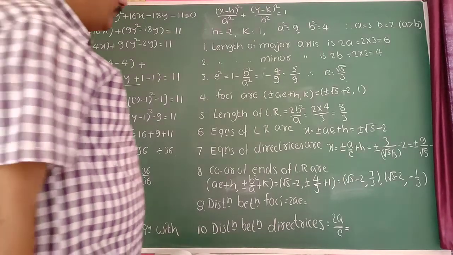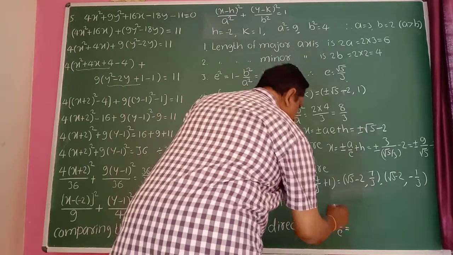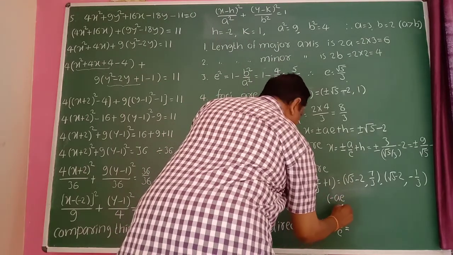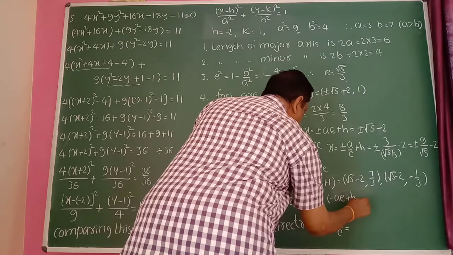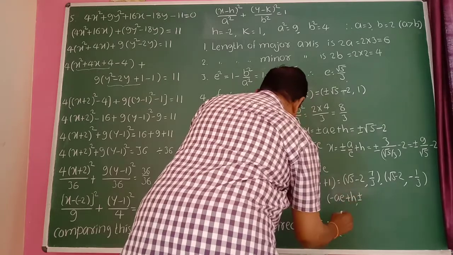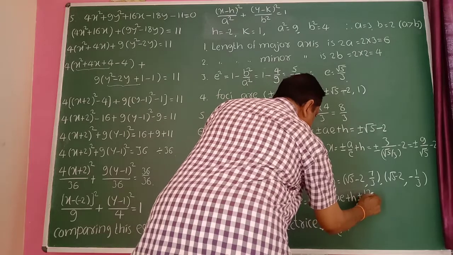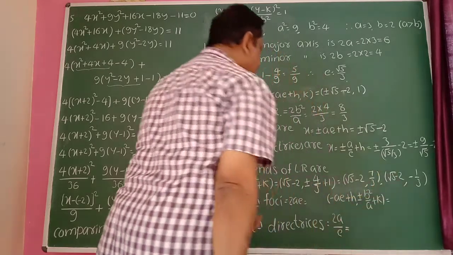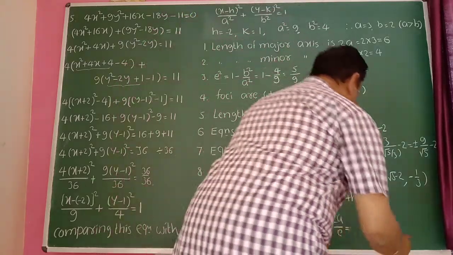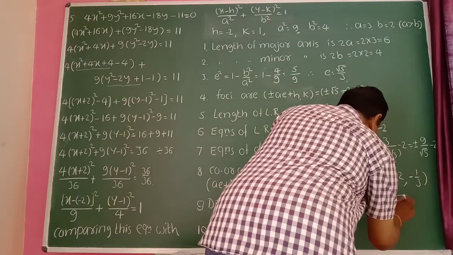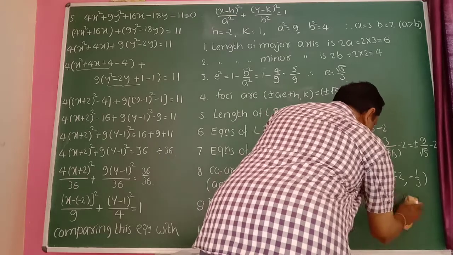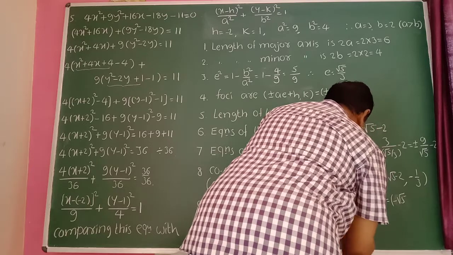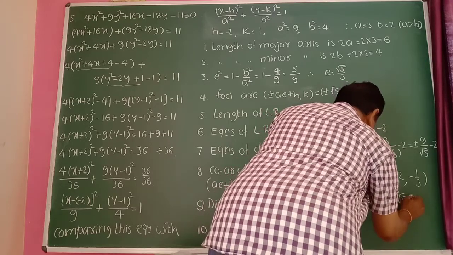Similarly, one more pair is given by minus a into e plus h, plus or minus b square upon a plus k. In this case minus root 5, and root 5 minus 2 actually is minus 2.